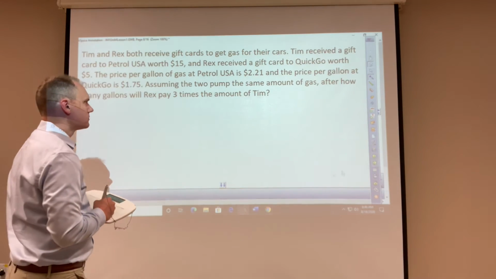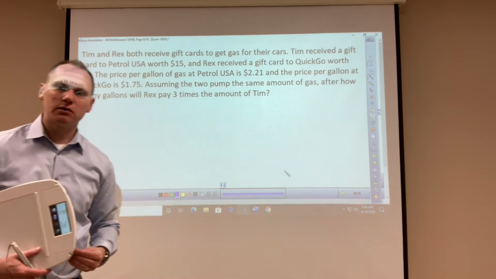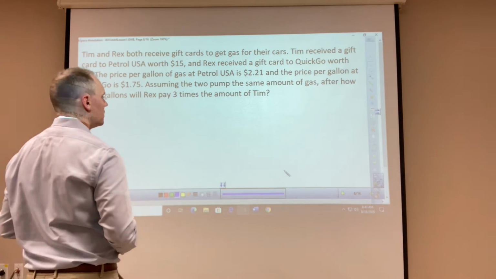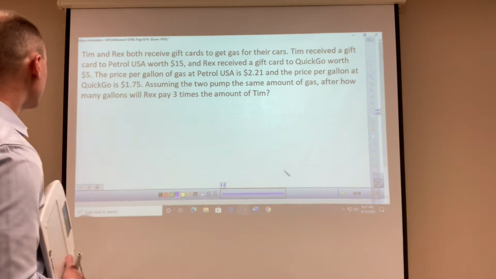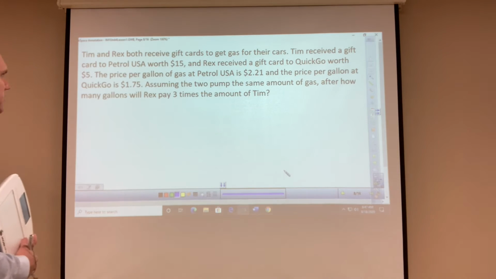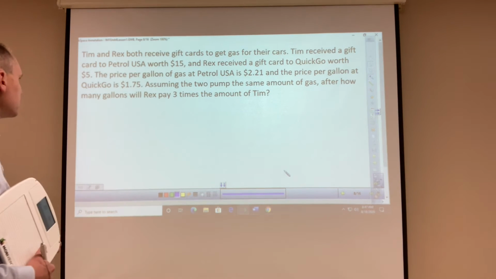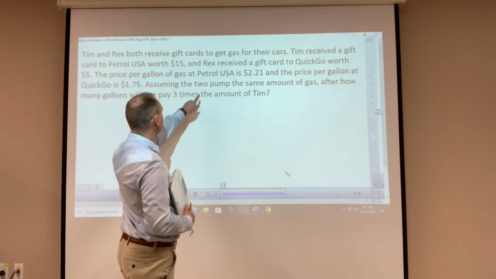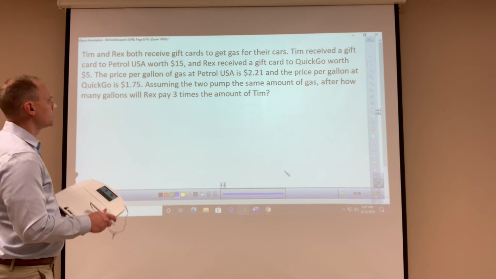All right, up next, we got Tim and Rex, and they both received gift cards to get gas for their cars, or at least pay for some of their gas. Tim received a gift card to Petrol USA worth $15, and Rex received a gift card to Quick Go worth $5. The price per gallon at Petrol USA, which is where Tim received a gift card, is $2.21.